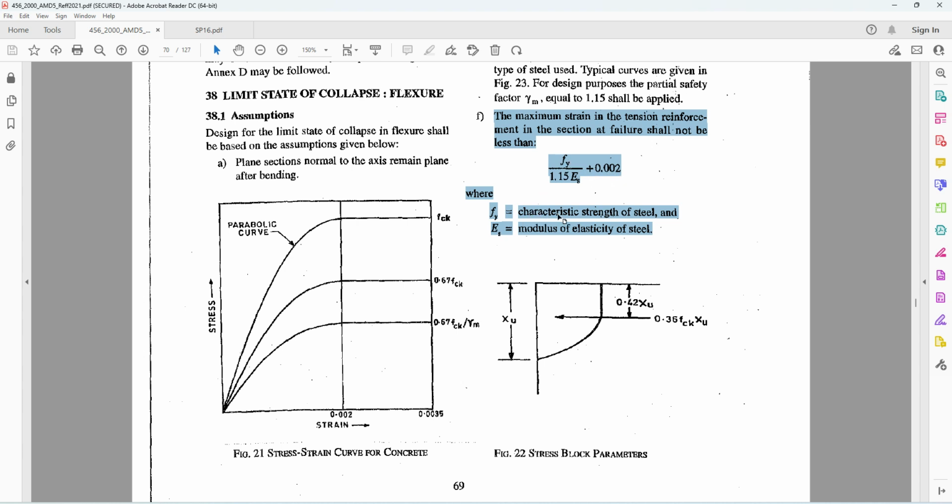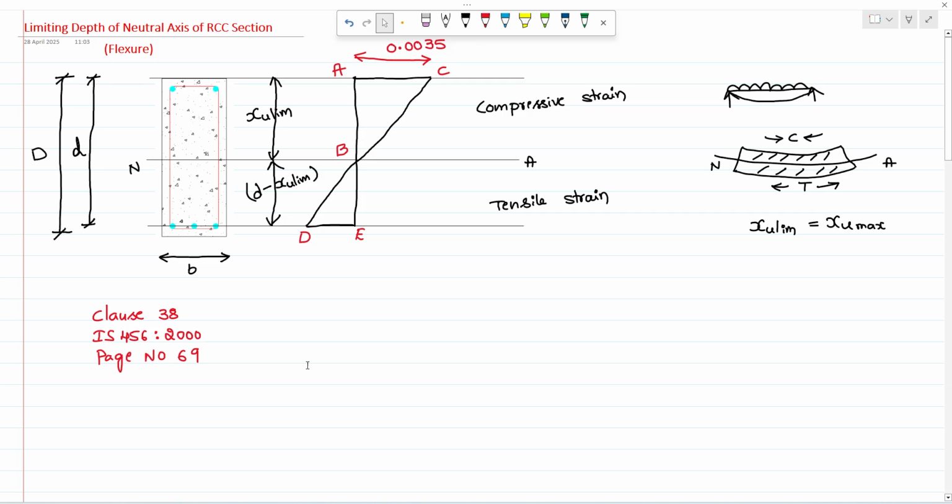Here Fy is the characteristic strength of steel and ES is the modulus of elasticity of steel. So now the strain in steel can be taken as Fy divided by 1.15 ES plus 0.002.